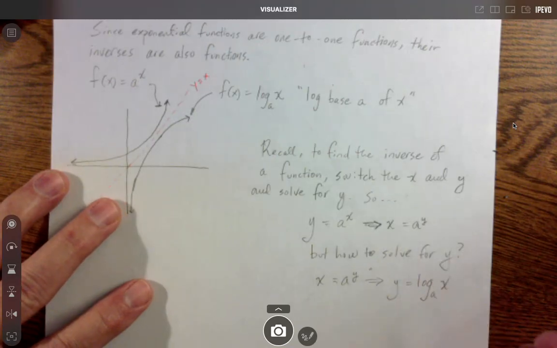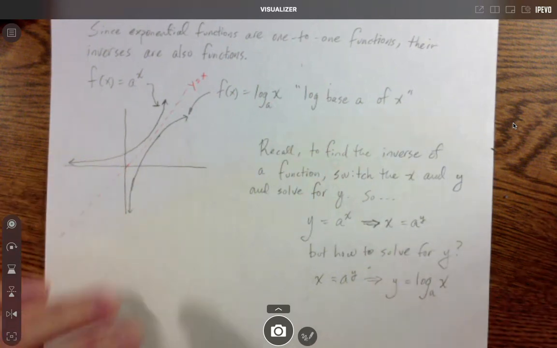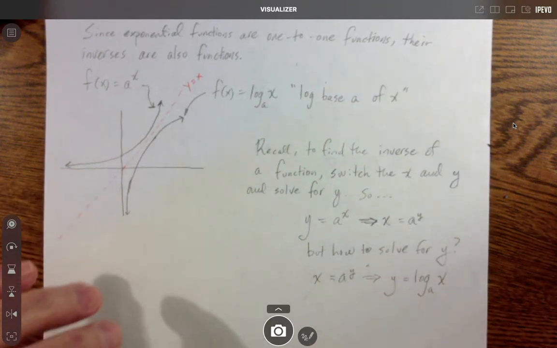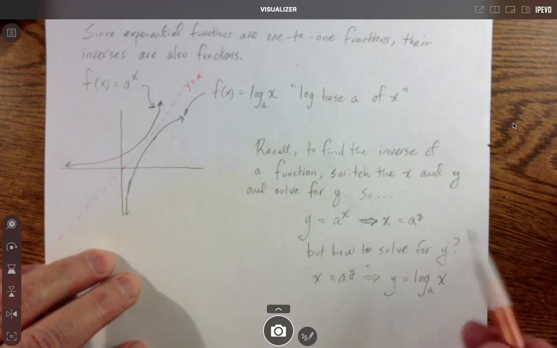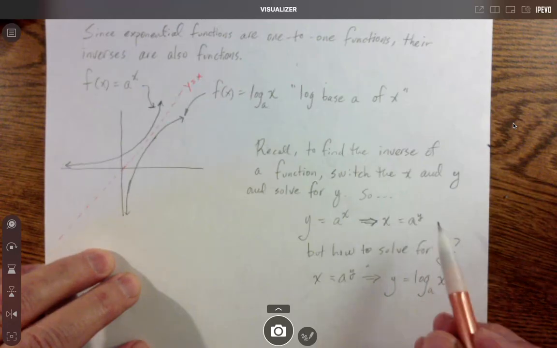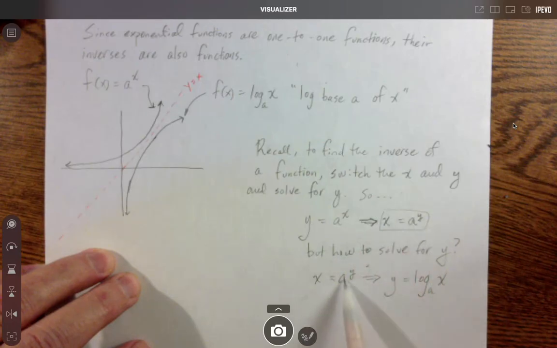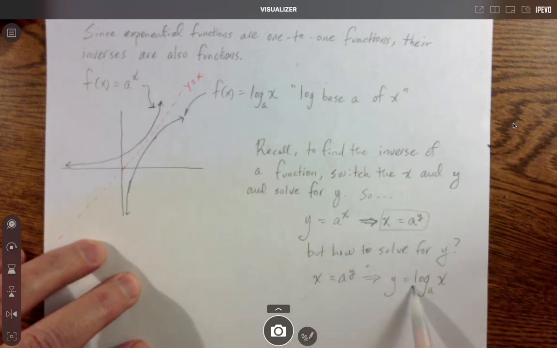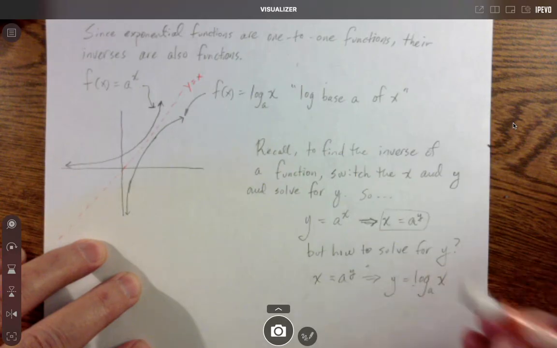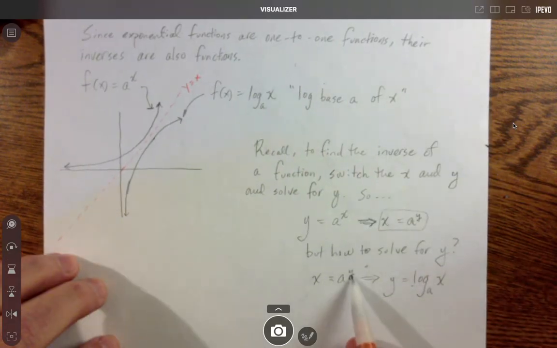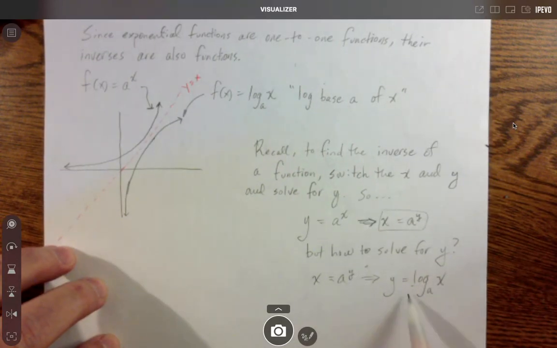Well, that's where logarithms come in. I'm not sure of the history of the notation of logarithms and how it works, but you just have to memorize that this right here is equivalent to this. To solve for y, you now have a logarithm, which brings the y out of the exponent.